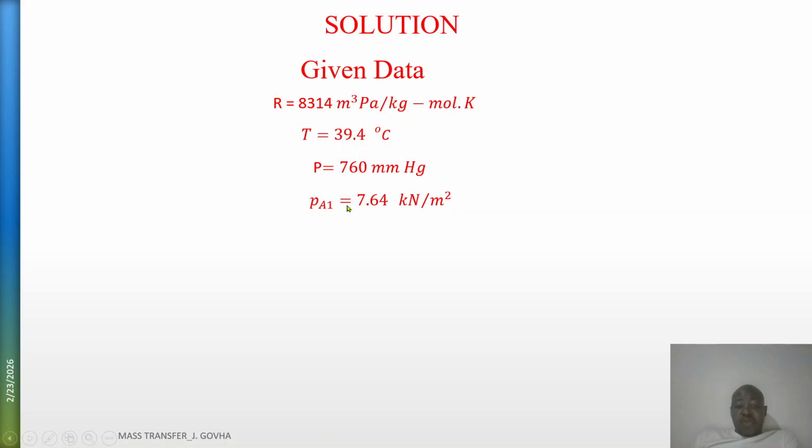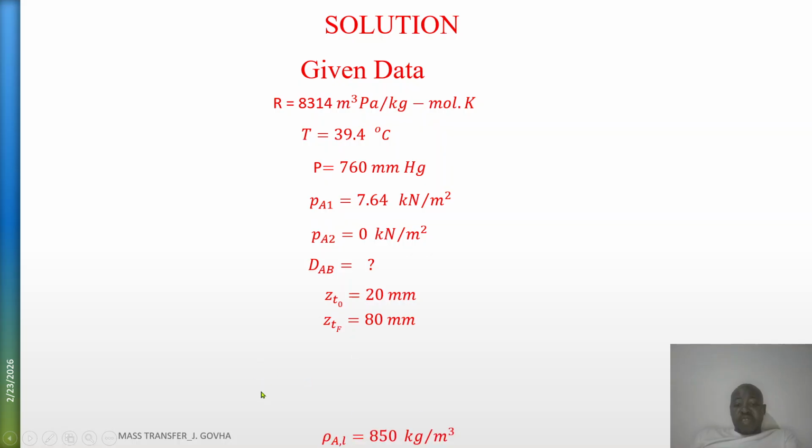Then our pressure PA1 is 7.64, and our pressure PA2 is equal to 0 kilonewton per square meter. Then DAB is not known. Z at t equals 0 is 20 millimeters, and Z at t final is 80 millimeters, and our density is 850 and molecular mass is 92.